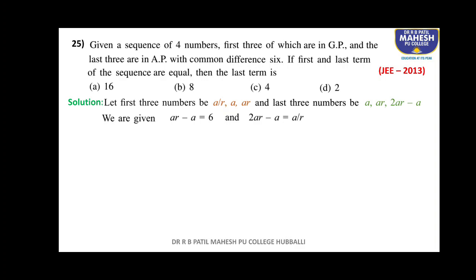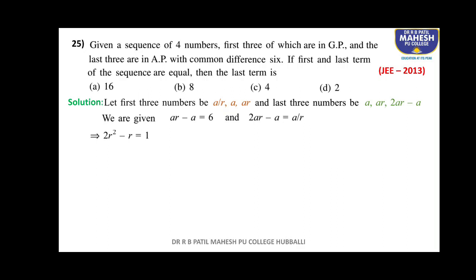The first term is A by R. Therefore 2AR minus A is equal to A by R. Now we simplify by taking A common and cancelling A on both sides. The remaining is 2R minus 1 is equal to 1 by R.